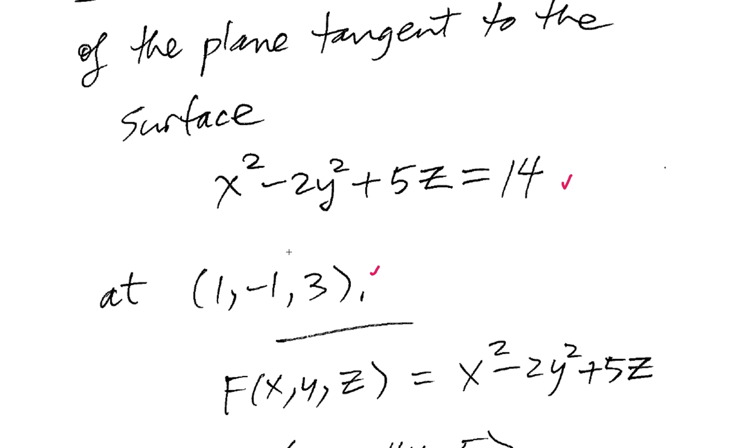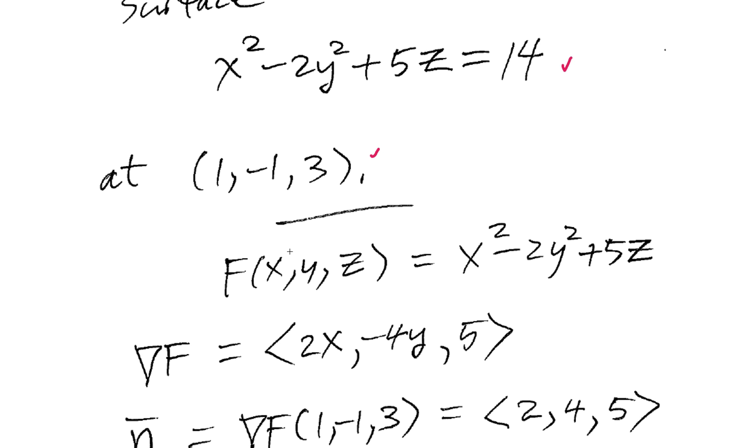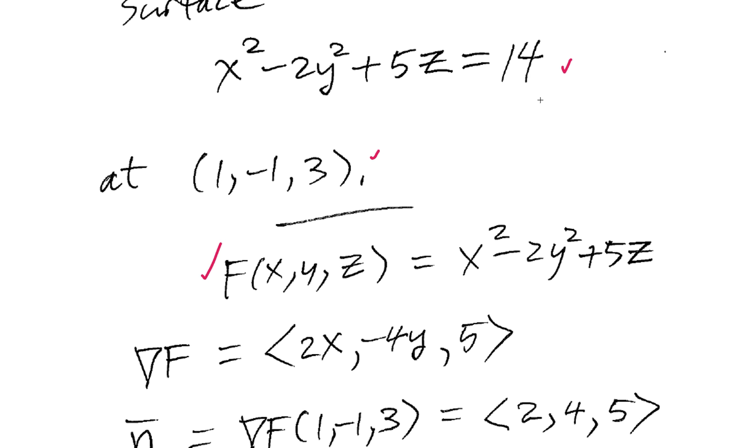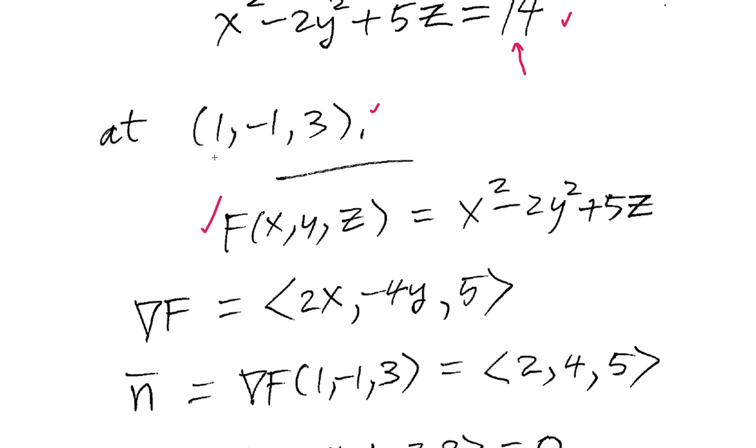I want to find a tangent plane to the surface. The clue is to find a normal to the surface, and then I'm in business. I take my function, cap F of (x, y, z), is going to be x squared minus 2y squared plus 5z. My constant, which I was calling cap K there, is 14, but that's not going to matter too much. The important thing is this point lies on that surface.